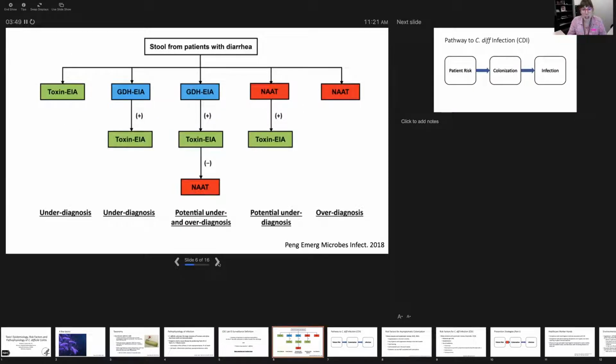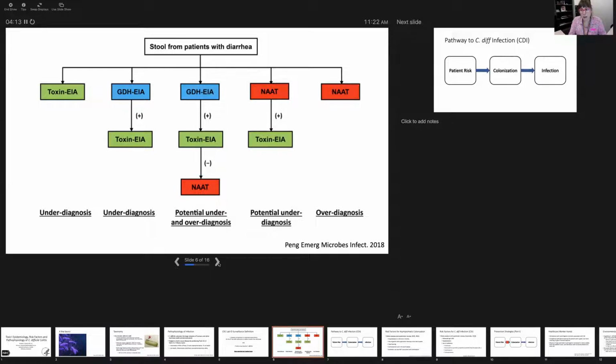Another critical thing to know is how does your lab test for C. diff? You may interpret a positive test differently if you know that your hospital is sending every stool that comes to the lab for a PCR or a nucleic acid test. That is a very sensitive way to test for C. diff colonization. You need the clinical information to know if they truly have an infection.